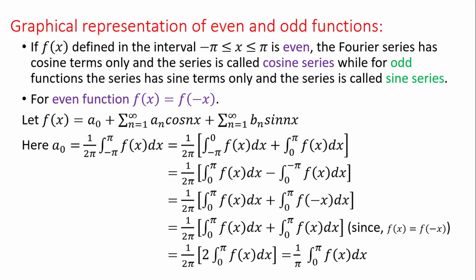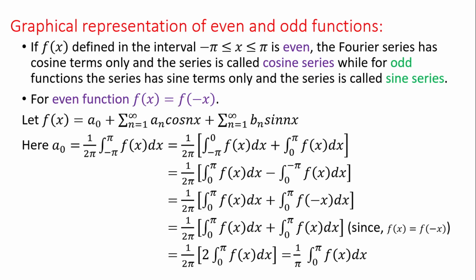So f(x) equal to f(minus x). And we know that in terms of a Fourier series, f(x) can be represented as a0 plus summation an cos nx plus summation bn sin nx, where the cosine and sine functions are infinite in number.